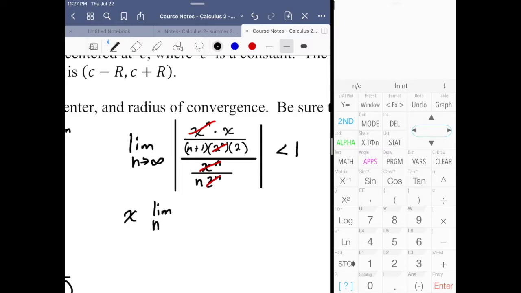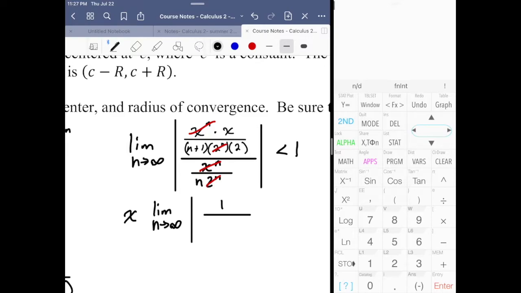So I'm going to pull out the x. I'm going to write this as the limit as n approaches infinity. On the top, it's just going to be a 1.